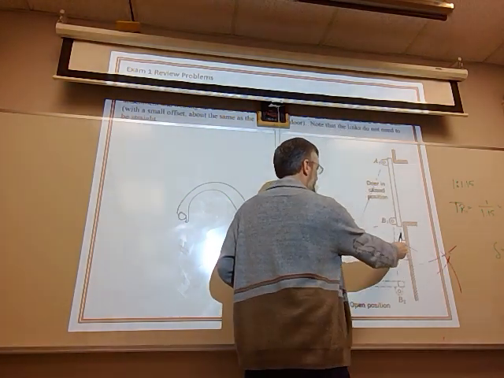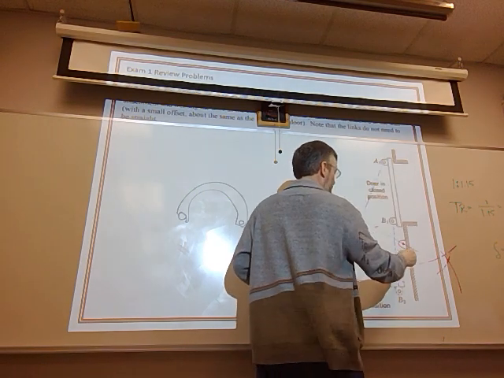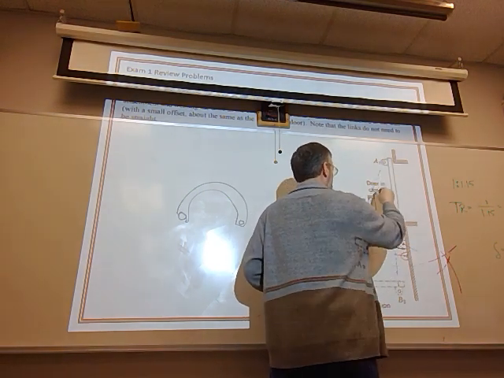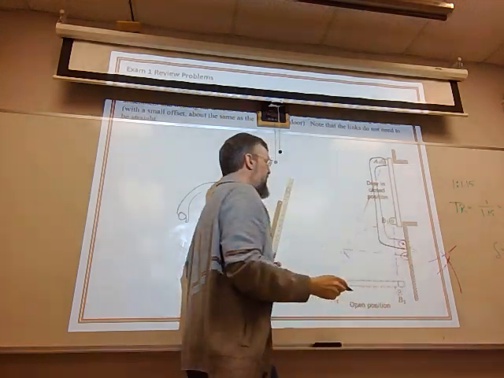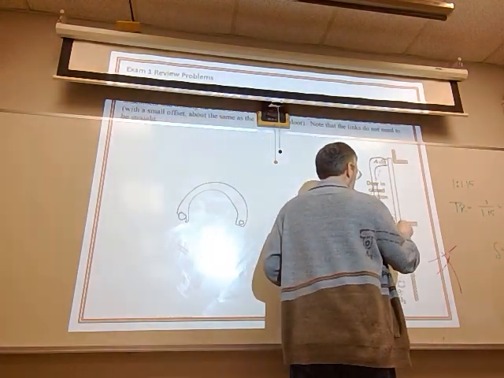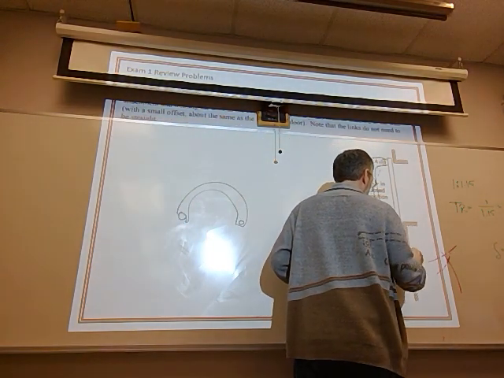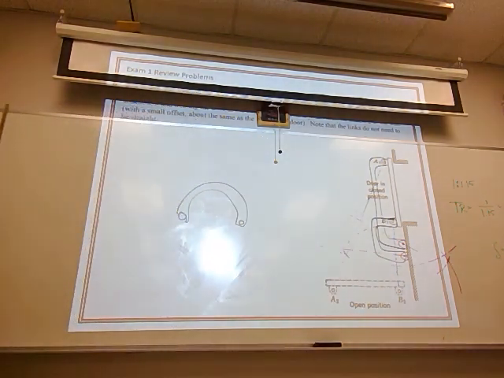For one thing, this is the ground that A needs to go to. So we can have a bar that looks like that right there, right? And we can have a bar that looks like this right here. I'm just giving you an example of something that could be done.